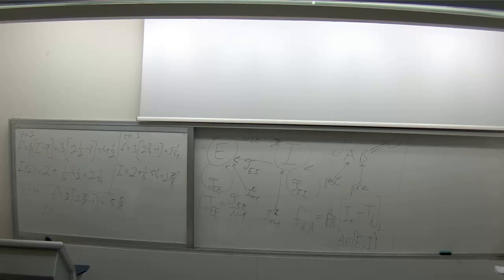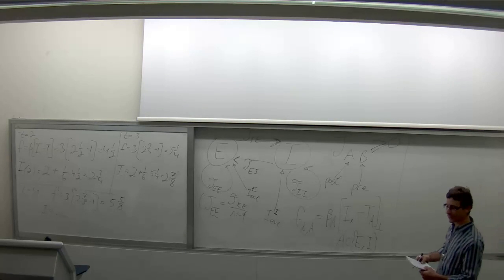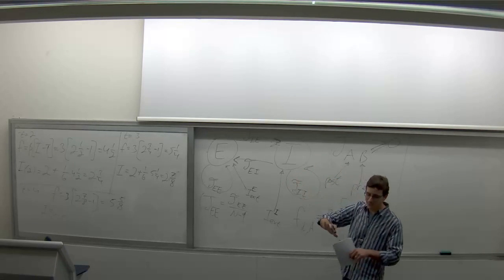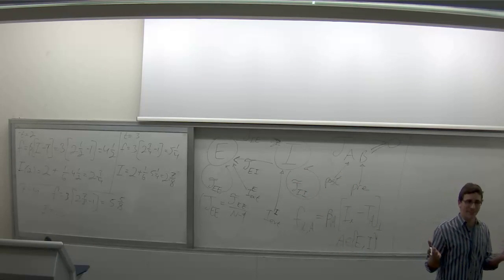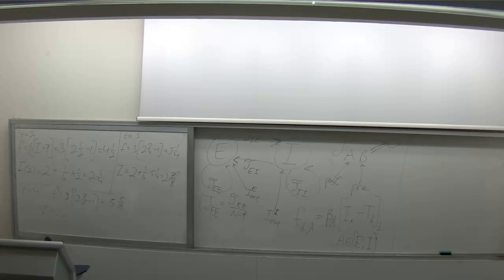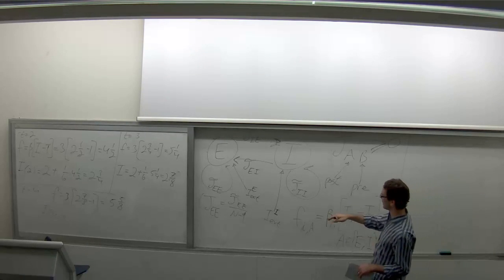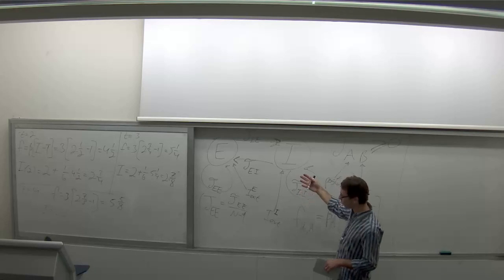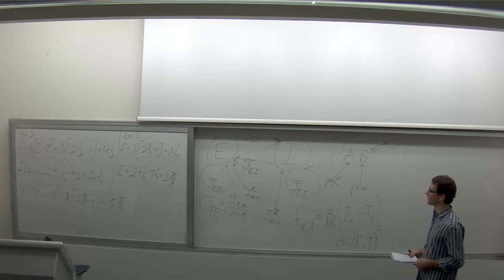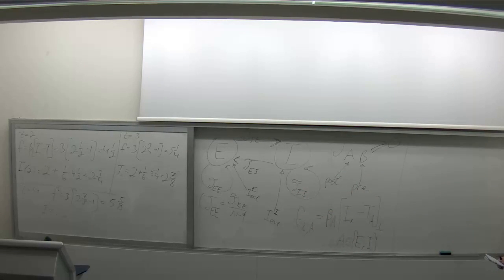Okay, so now let's see the equations. In this, the connections are going to be all to all. Everything is going to be uniform. This is the basic concept we're dealing with here. Connectivity matrices which are all ones except for the diagonal, and the J's that are normalized by n-1 and so forth.